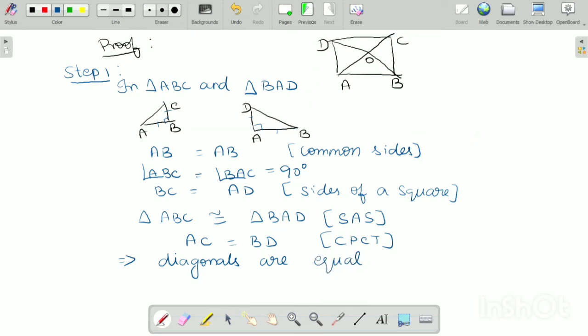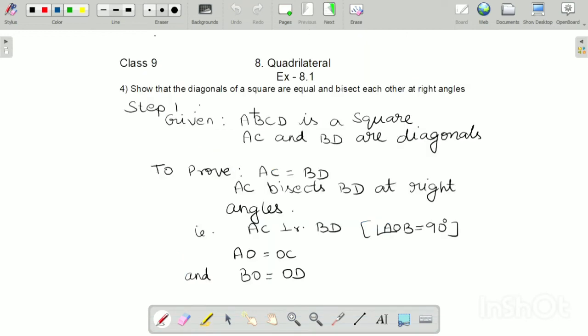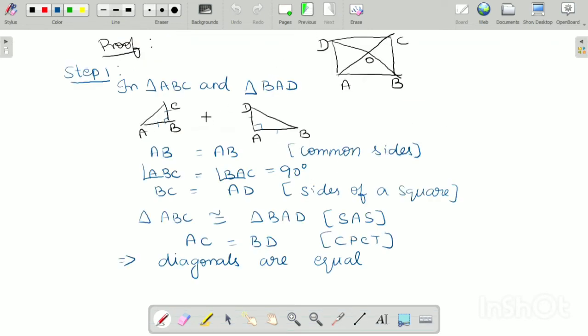In the previous page, we have to show that AC equal to BD, and AC bisects BD at right angle. So this condition we have finished. So from step 1 we have proved that AC equal to BD, that is, diagonals are equal.